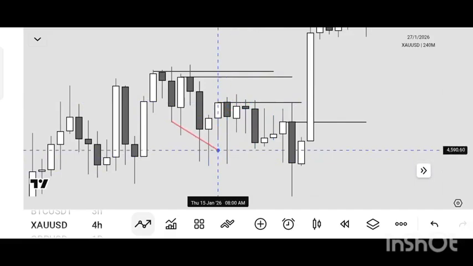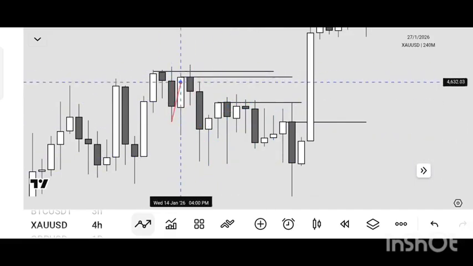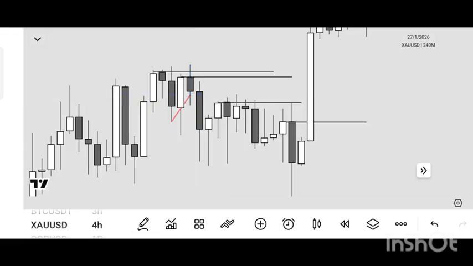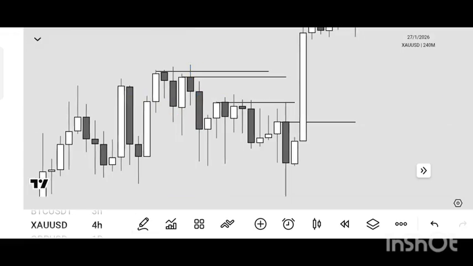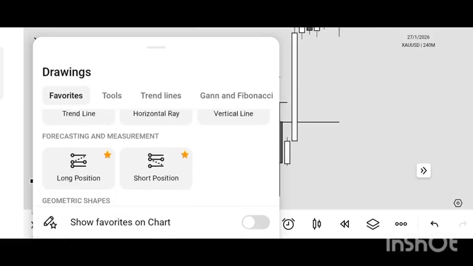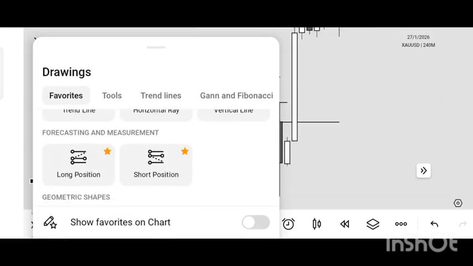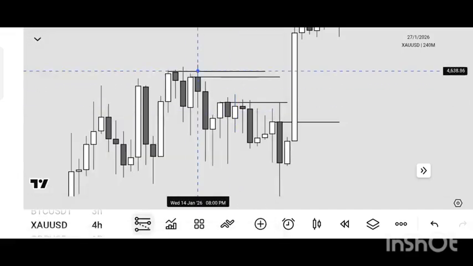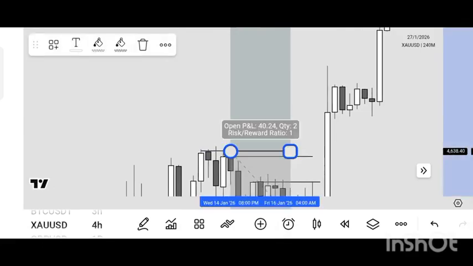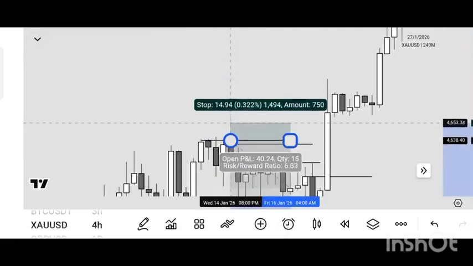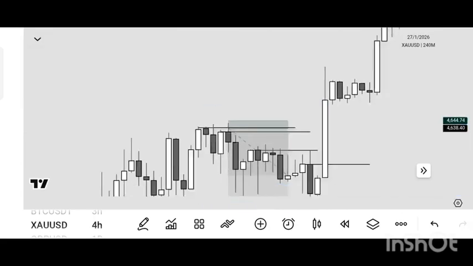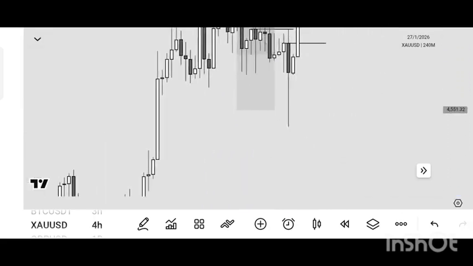Meaning that basically an A-shaped key level is used for sell, meaning that as price is coming into that A-shaped key level, we are supposed to sell from here. This is the A-shaped key level, right? We are supposed to sell from here. Our stop loss will be above the high of that candle, and then what will be our take profit? Our take profit will just be like this.